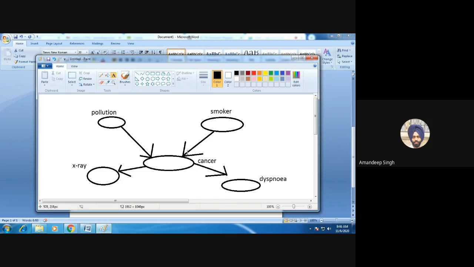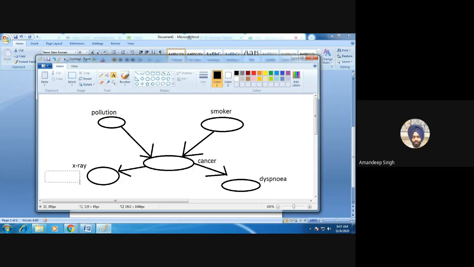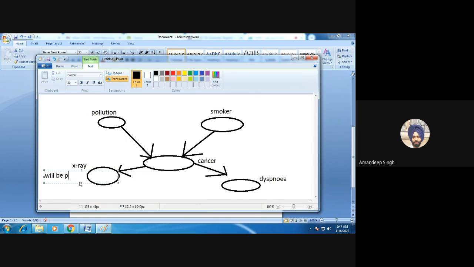Fine. Now these nodes, the smoking and this pollution factors, are causing the cancer, and if the cancer is there, then the X-ray report will be positive. X-ray report, it is going to be positive. Fine. It is going to be positive. And if the cancer is there with the patient, then there is also a probability that the patient might be having this disease, that is dystonia, it can be there with the patient itself.